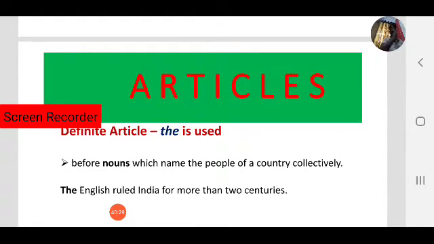The English here means the English people. Here English is used as a collective noun, so we use the.